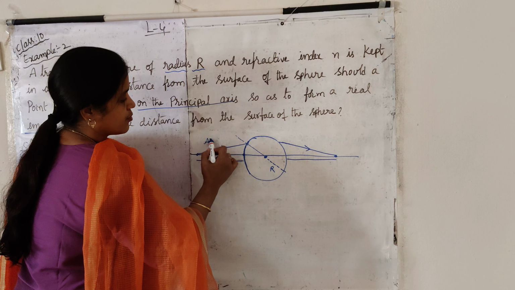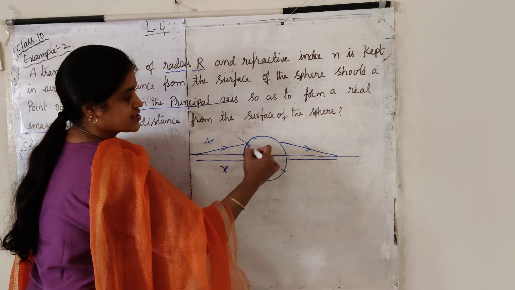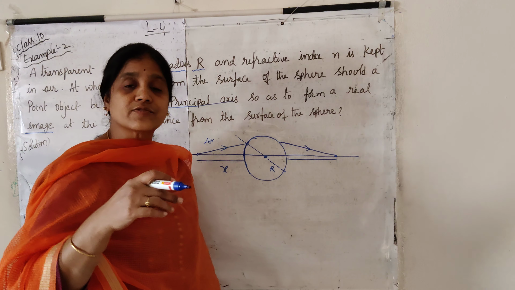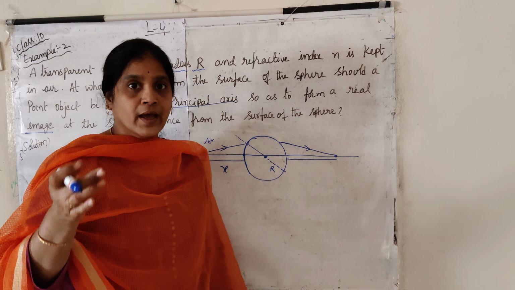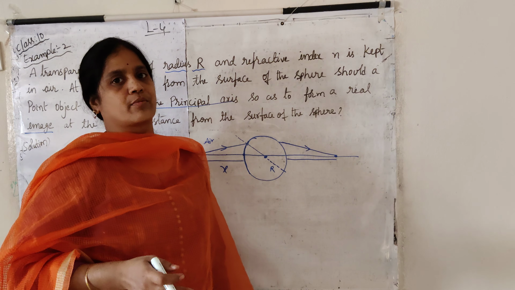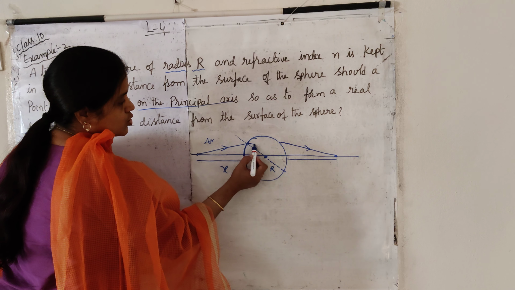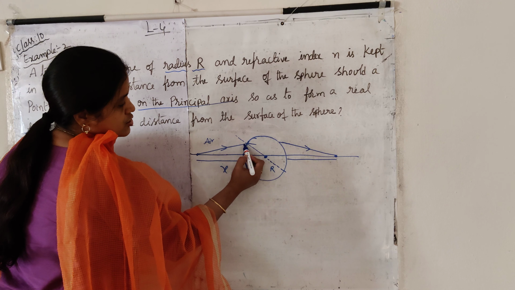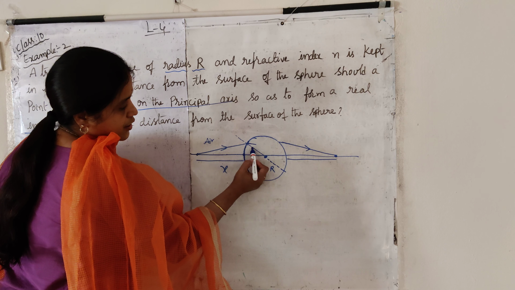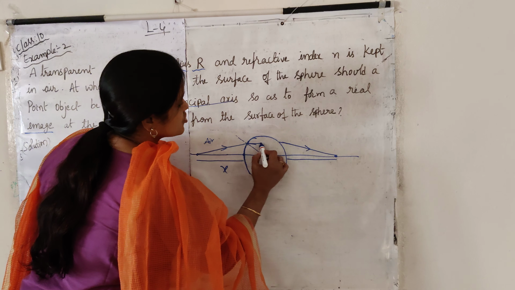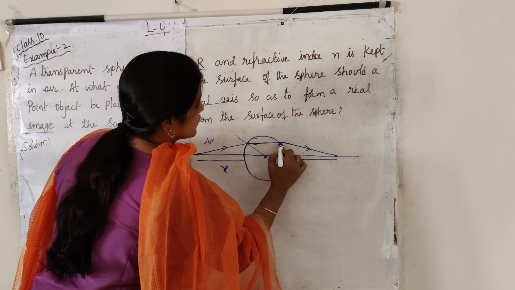This is the air medium and this is the denser medium. When a light ray travels from air to the denser medium, it bends towards the normal. This is the normal, so it bends towards the normal and travels like this.